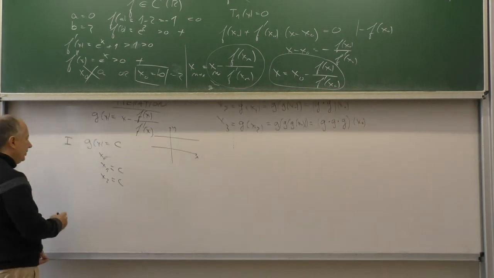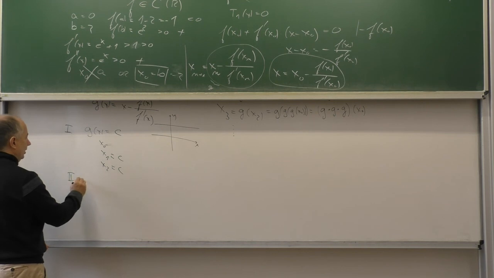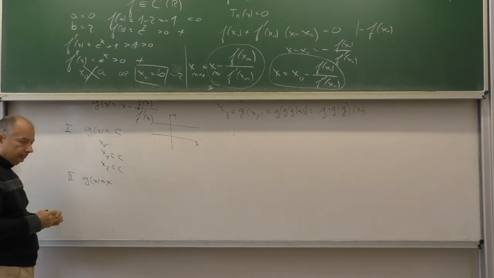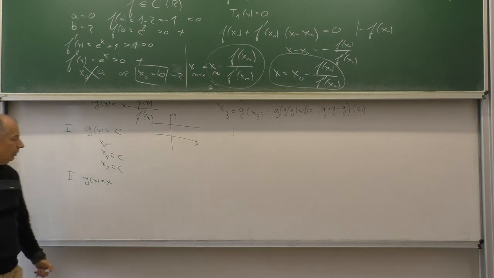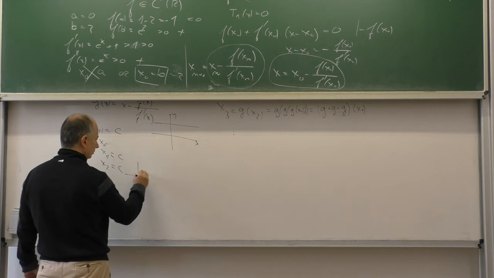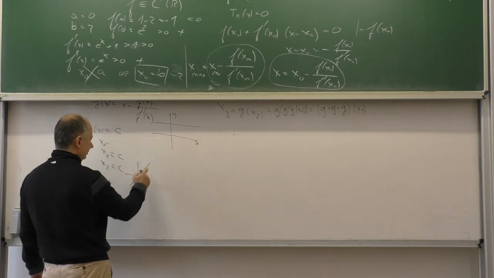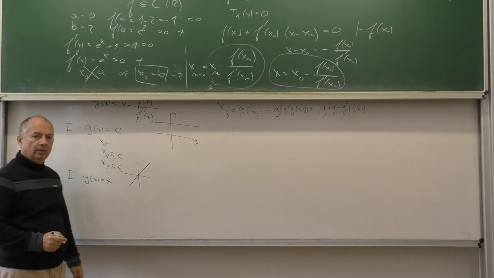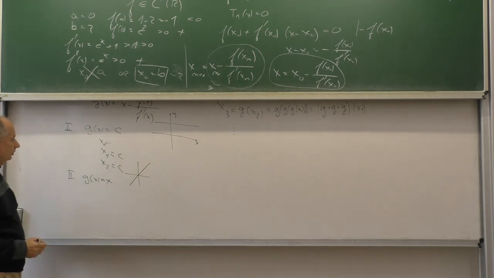Consider another case, say g of x being x itself. What happens when we iterate such a simple function? g of x is x. The graph is this line with the slope 45 degrees.